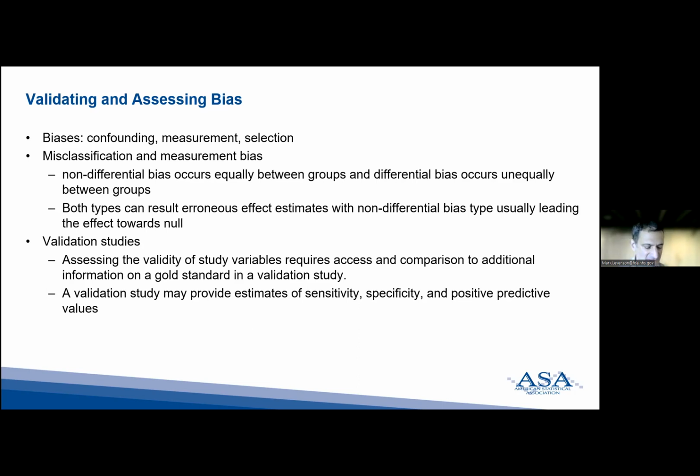There's pathological examples where that's not the case. And biasing things to the null might not be a good thing if you're trying to identify a safety signal, or you're trying to establish the efficacy of a drug. But it's, I think, a little better understood, whereas with differential bias, all sorts of things can happen.